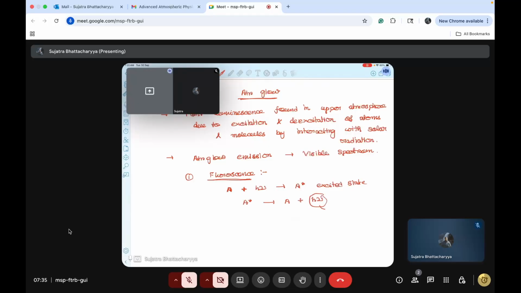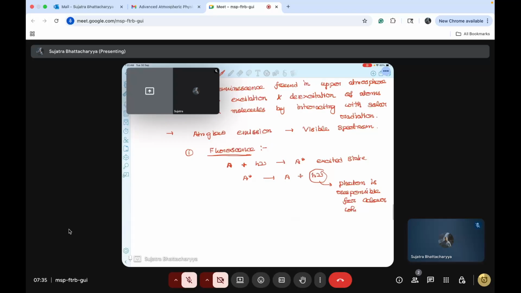This photon is responsible for the color which we see. So this is from the excited state to the ground state.